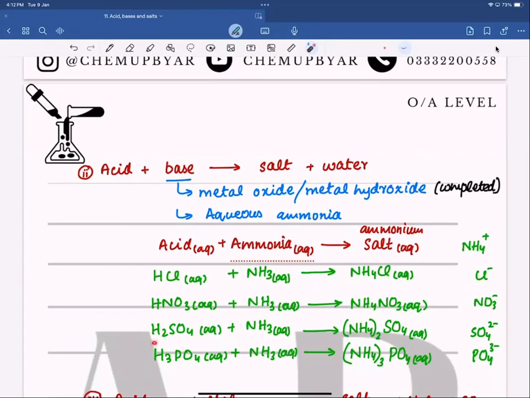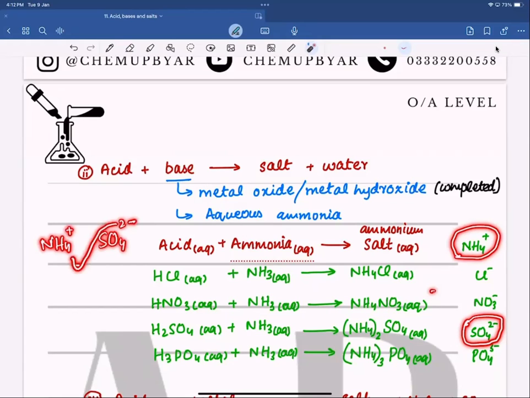Now, in the third case, when sulfuric acid reacts with ammonia, the salt formed is ammonium sulfate. But in this case, ammonium is +1 and sulfate is -2, right? If you recall from bonding, when we have different charges on the ions, then to make the formula, we shift the value of the charge to the subscript of the other ion.